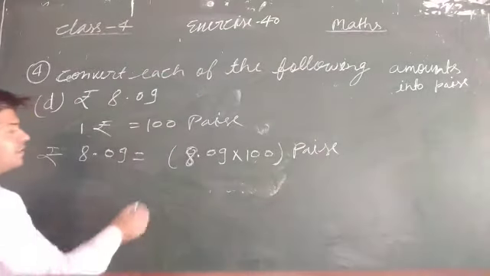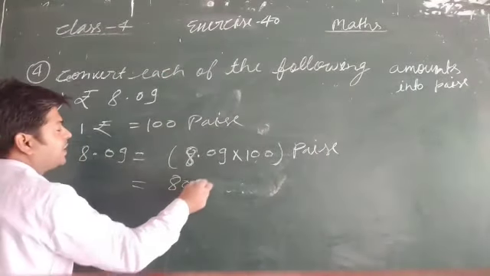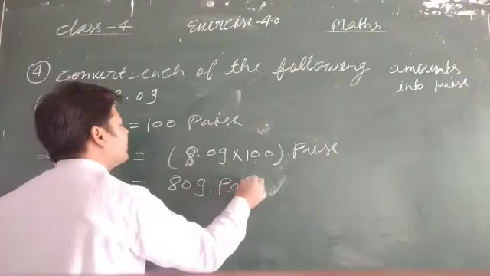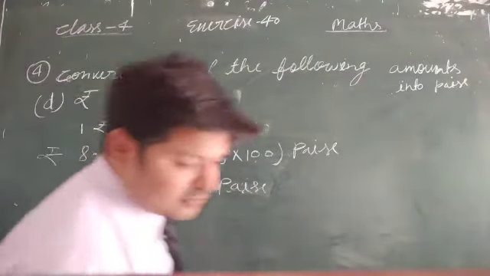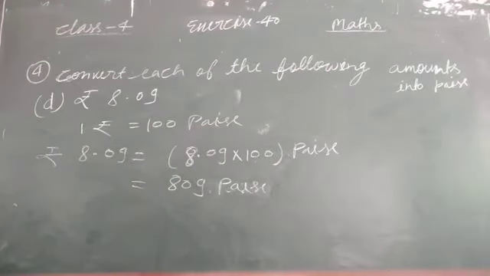So decimal will shift to the right side. So 809 paise. Okay, 809 paise. So like this you have to solve question number 4. Okay. So I hope you understand this.